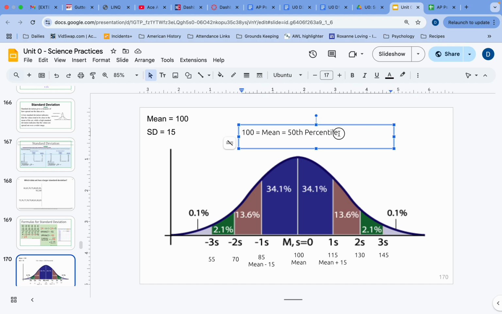However, let's say you didn't score that. You scored 115 on the IQ test. Okay? I'm sorry. Is that right? Yeah, you scored a 115. That's the result that came back on the IQ test. All right? You are one standard deviation above or greater than the mean.